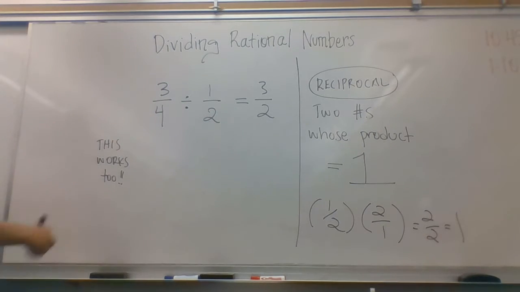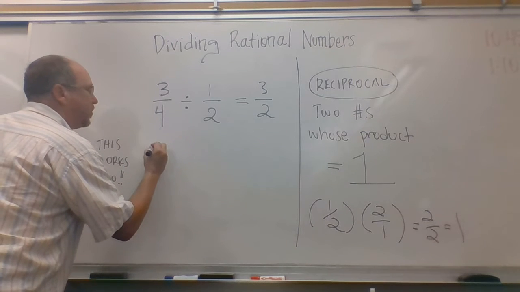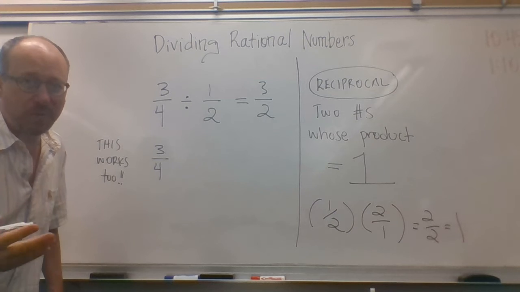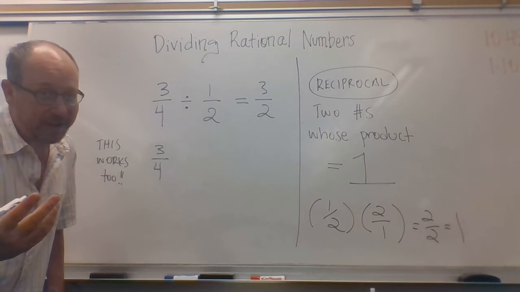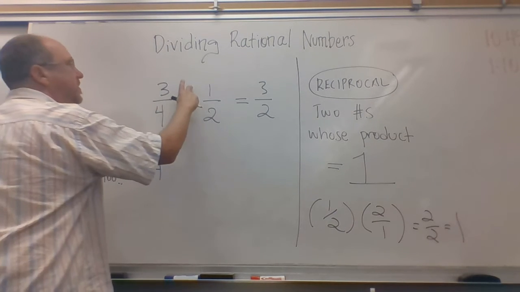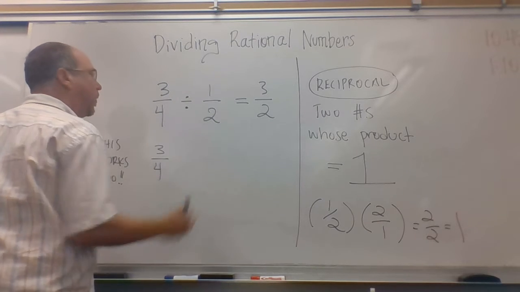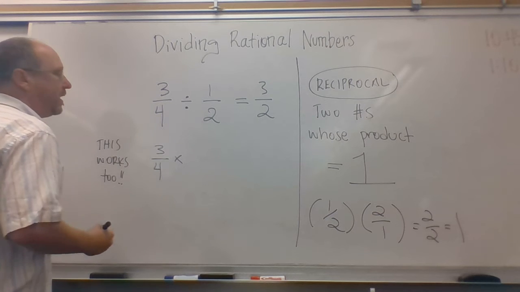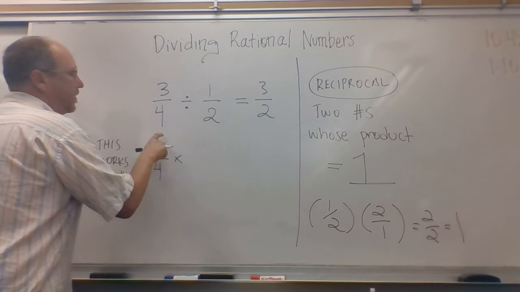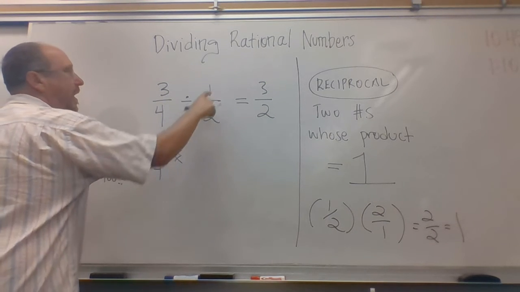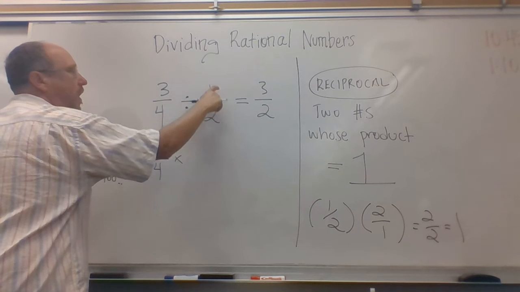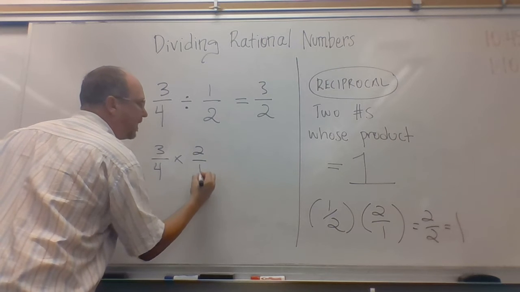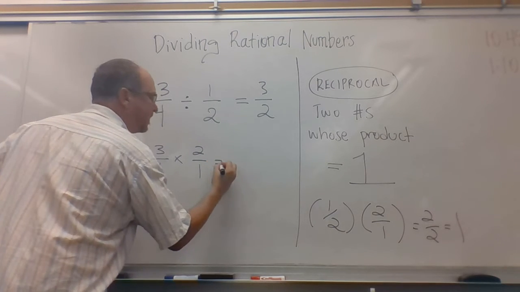Okay, so let's go back and let me show you this rule, this algorithm, this procedure that works with dividing fractions. So you have 3/4 divided by 1/2. You can multiply by the reciprocal. 3/4 multiplied by the reciprocal of this second fraction, 1/2, which is 2/1.